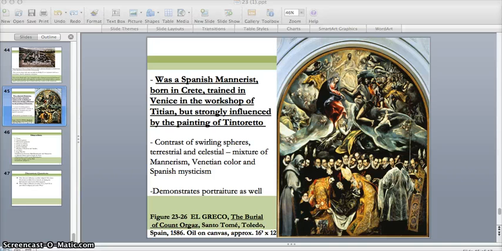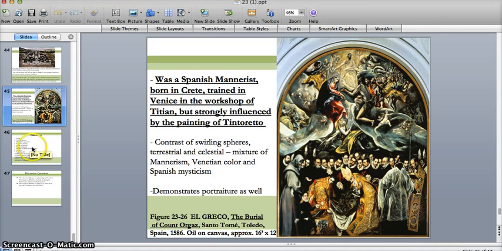He's also doing his own thing, just like Pieter Bruegel the Elder, influenced by Tintoretto but also trained in Venice in the workshop of Titian. So clearly influenced by some of the Italian Renaissance painters. And I think this is the only artwork that we've seen from Spain. The rest of them we can assume are from Germany, France, and some in the Netherlands.